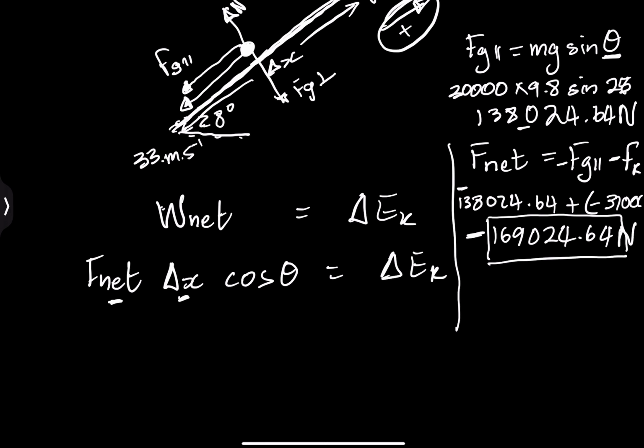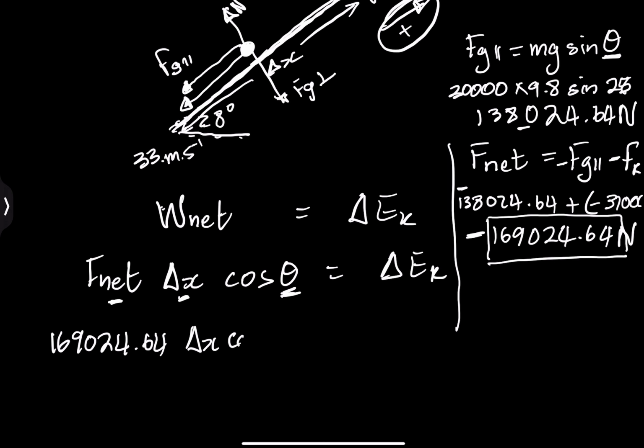So you disregard that sign, and I'm going to show you why. So that's going to be 169,024.64 multiplied by delta x.